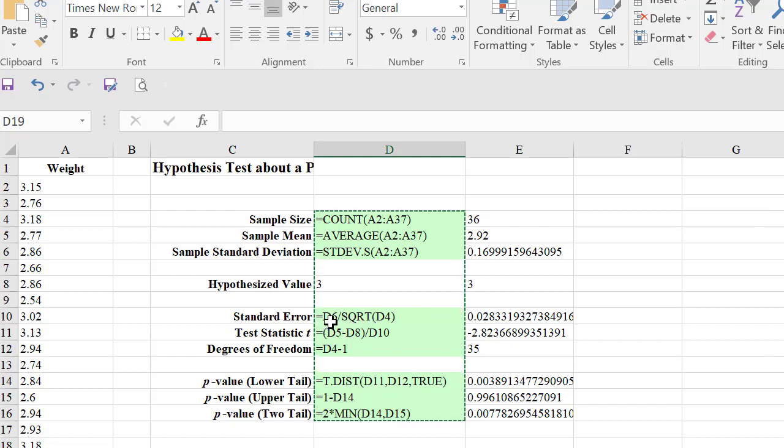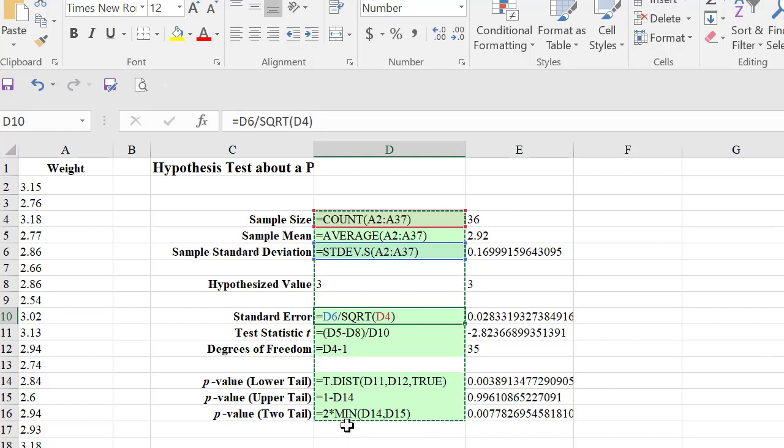So that would be this value divided by the square root of this value. Okay.